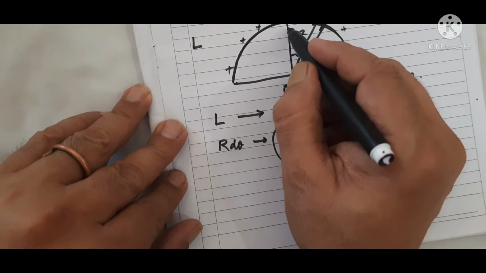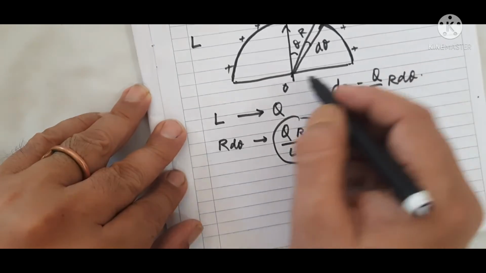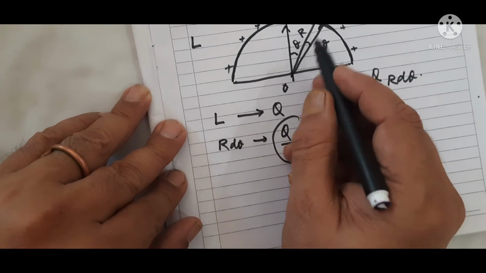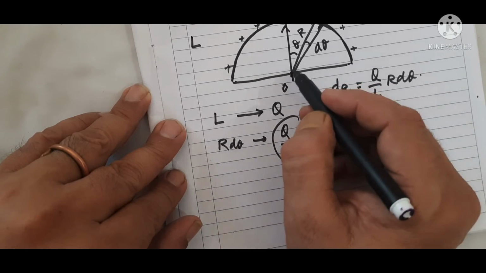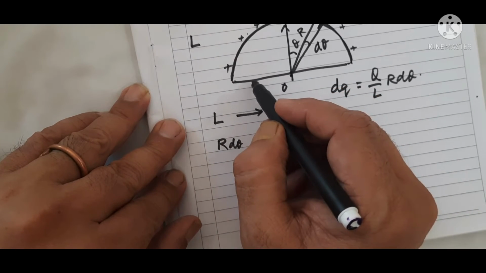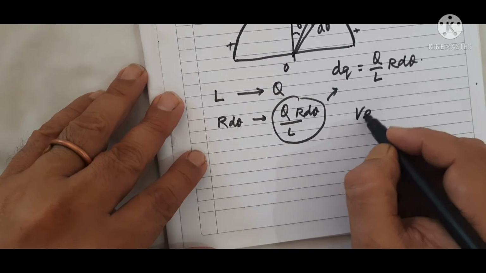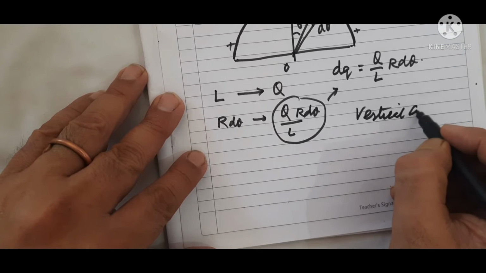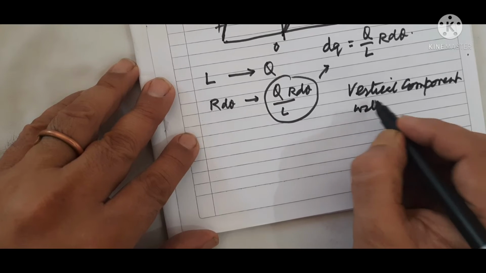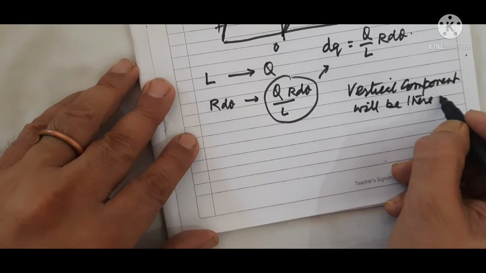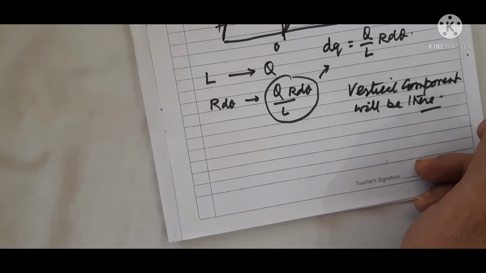Here the vertical component of the electric field intensity is along this, that is E cos theta, and the horizontal components are going to counteract. Taking a point here, we get a cos component and a sin component, then taking a point on the other side, the sin component is in the opposite direction, so these two will cancel. Only the vertical component will be there. No horizontal component. Only vertical component.